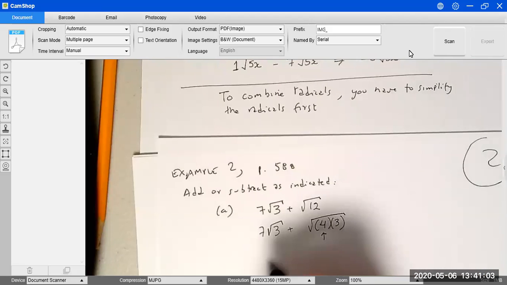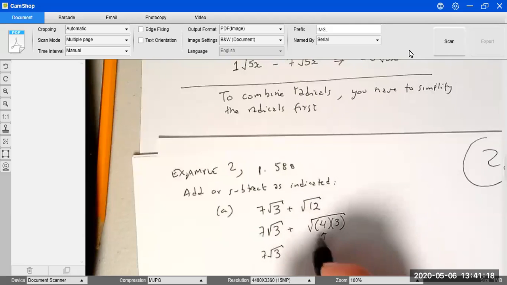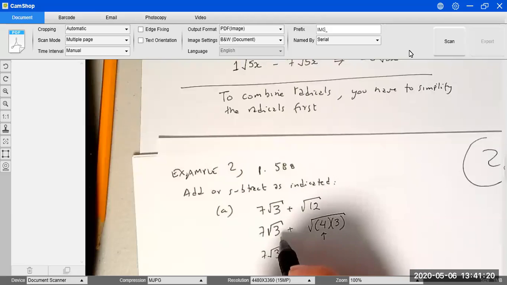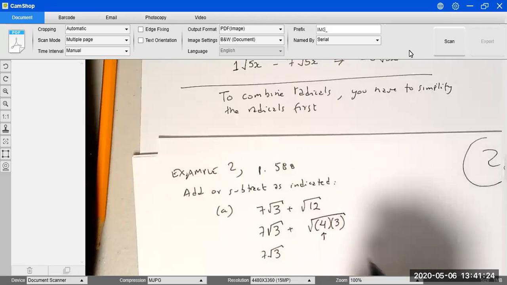So now we're going to continue writing the radical that I'm not working on. Remember, this is something that the students usually don't do because it's like, what is the reason of repeating and repeating if I'm just working on this part? Do it because otherwise you're going to forget at some point and you're going to miss terms at the end of the day.